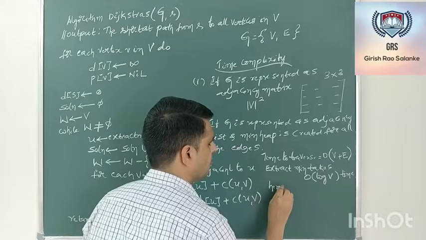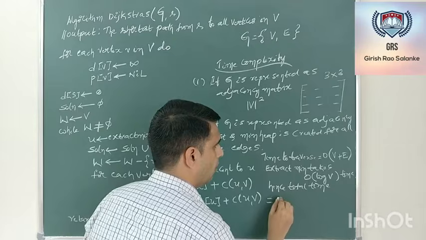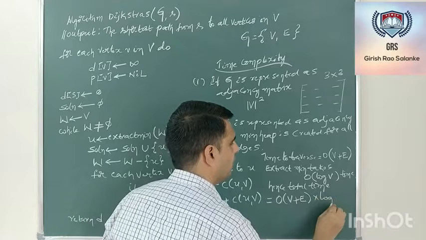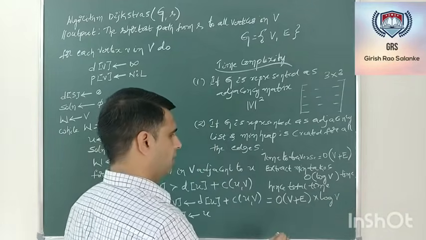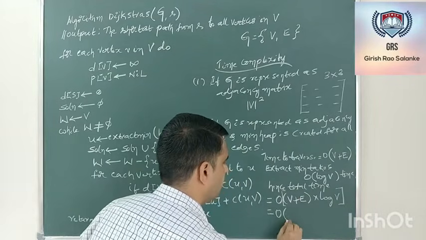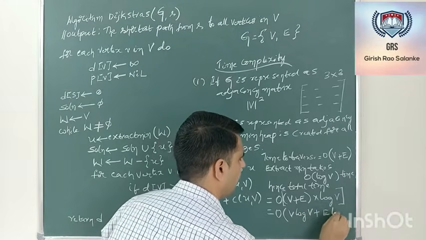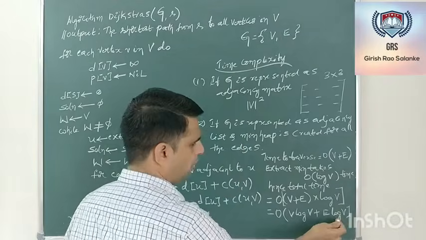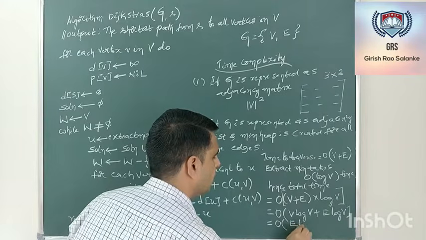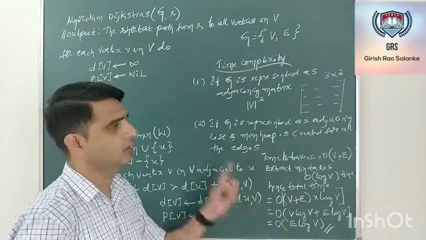Hence, total time is equal to order of V plus E multiplied by log V. Now this will be order of V log V plus E log V. E log V is the more dominating term when compared to V log V. Hence the time will be order of E log V. This is the time complexity of the Dijkstra's algorithm.